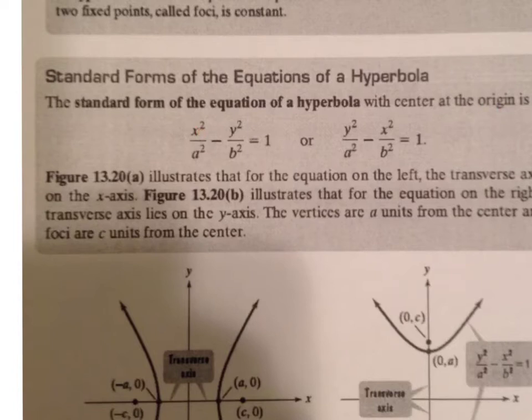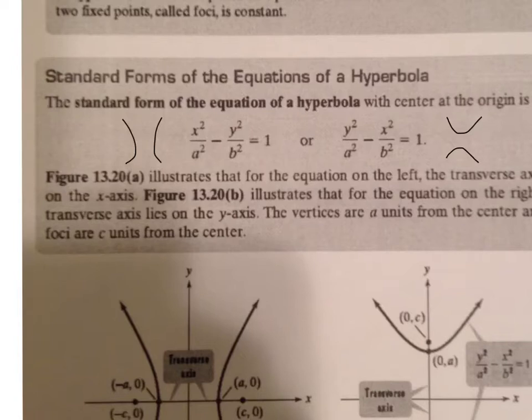This one, which is x squared divided by a squared minus y squared divided by b squared equals 1, is the one that ends up sideways, like this and like that. The other one has y squared written first over a squared minus x squared over b squared equals 1, and this one is vertical. So if y is written first, it's vertical, and if x is written first, we've got the horizontal.